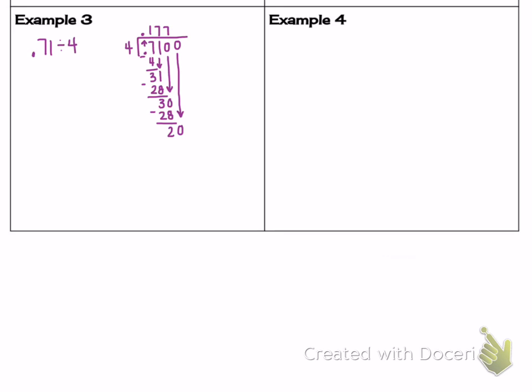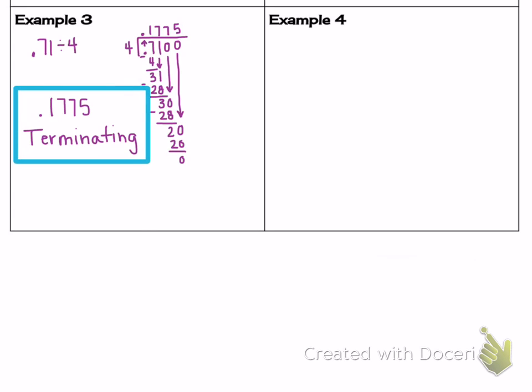And I have 4 into 20, which is 5, which is 20. And now I'm at 0. So it did terminate. So I have 1,775 ten-thousandths, and it is terminating. Remember, if you don't have the right answer, you're supposed to be erasing what you have and making sure your notes have the correct answer.